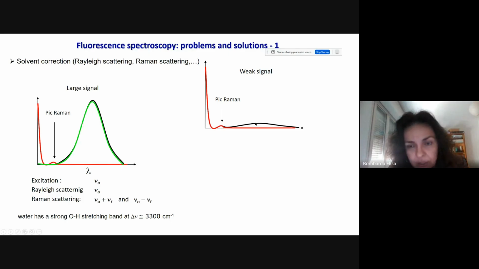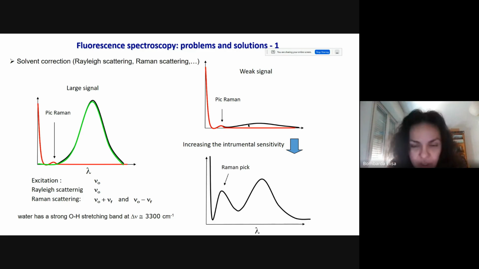And so one would say, oh, it's a weak signal, so let's increase the sensitivity of our fluorimeter and give more voltage, for seeing better. And what happens? You increase the sensitivity of your detector, and so of course you increase everything it can detect, including the Raman. So you see the fluorescence better, but the Raman is affecting it very much.